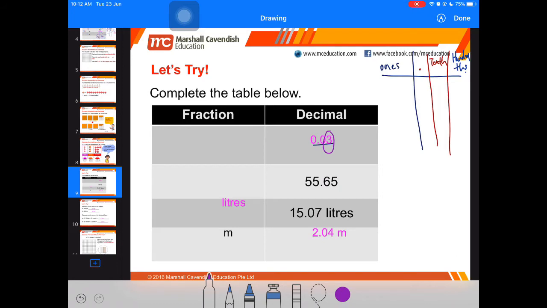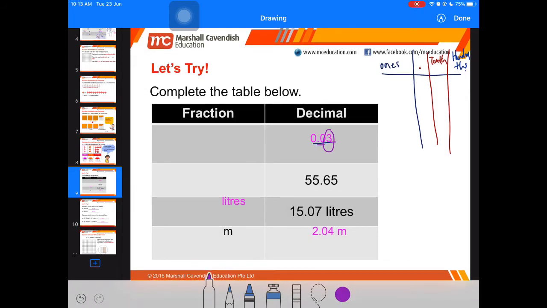So 3, 2 decimal places, right? This is 2 decimal places. Okay, so 1 decimal place, 2 decimal places. Okay, so 2 decimal places. So 3. So 0 is 0 ones.